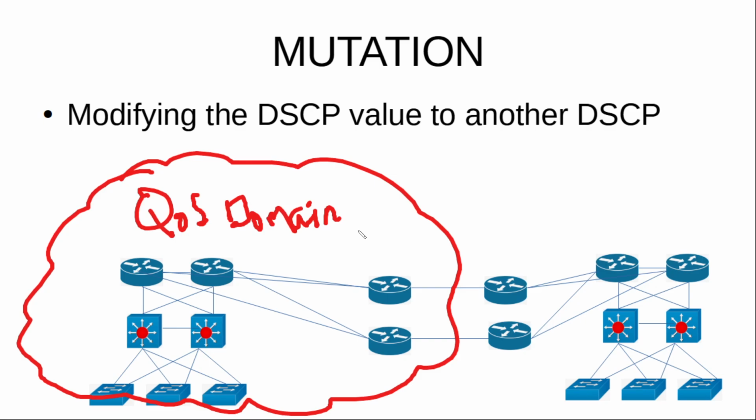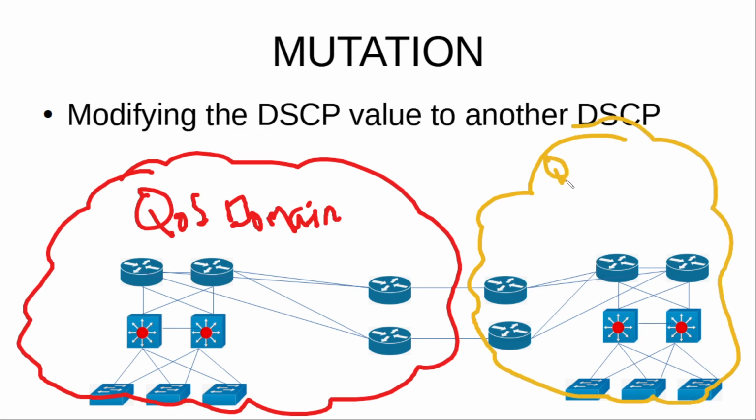And then for some reason, you have to connect this enterprise to another enterprise. For instance, you have a merger approaching, or you just bought another company, or this other company becomes a subsidiary, and this other set of devices is managed by a different team of engineers. So this is another quality of service domain.